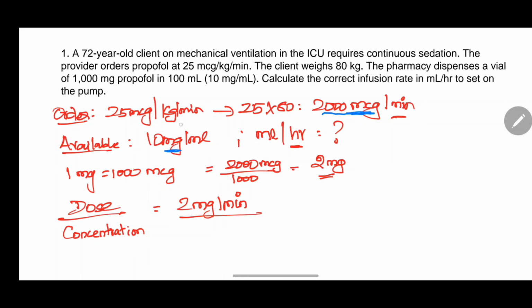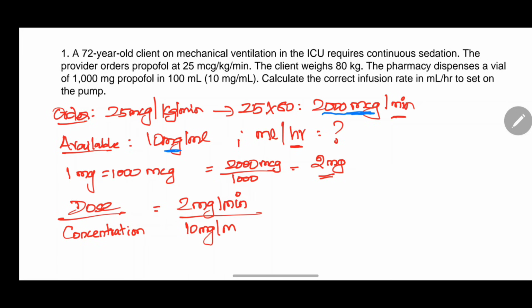They have given us 25 microgram per kg, but we converted it for 80 kg. The patient's weight is 80 kg, so we converted it according to the weight. Also we have changed the unit, so the final thing is 2 milligram per minute divided by the concentration, the available concentration is 10 milligram per ml.